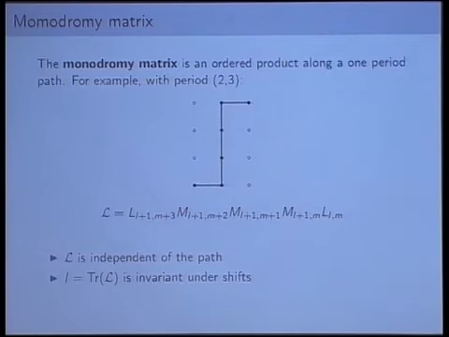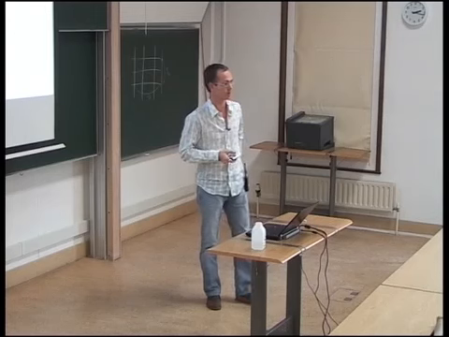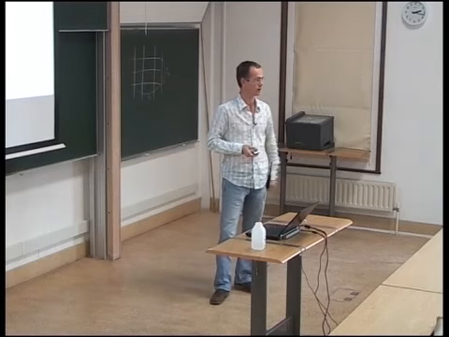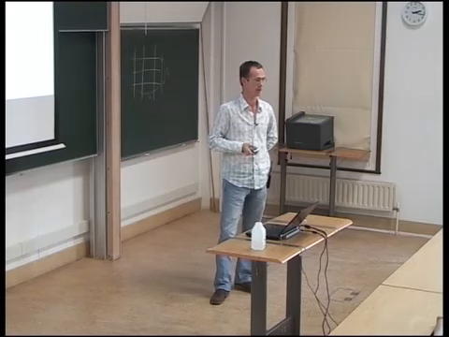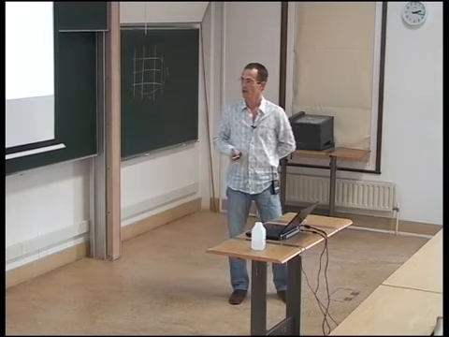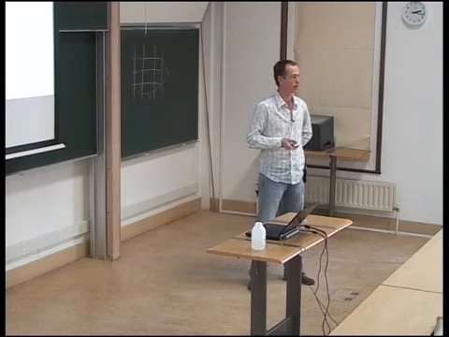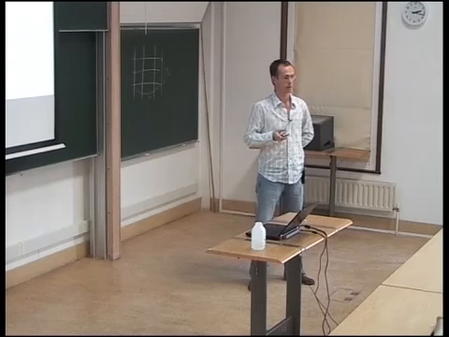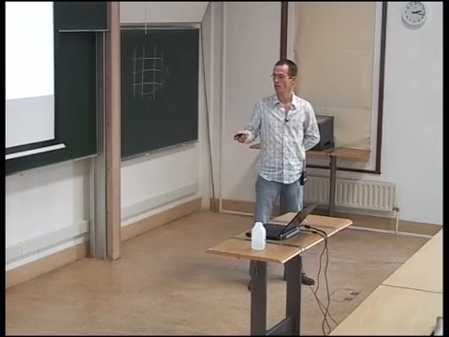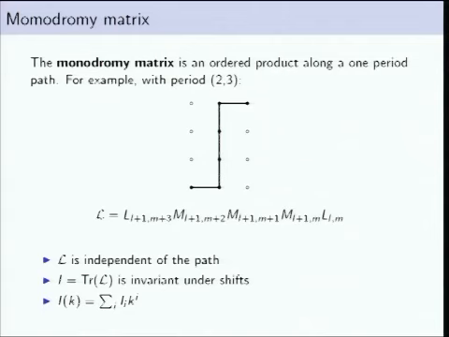The trace of this monodromy matrix is invariant under shifting over the lattice. So that's how you get your invariance. And then generally these Lax matrices depend on a spectral parameter. You can do an expansion in terms of that spectral parameter, and all the coefficients are invariants. So now you've got a bunch of invariants, and you want to know, well, are they functionally independent? How many are there? Are they in involution, and things like that.